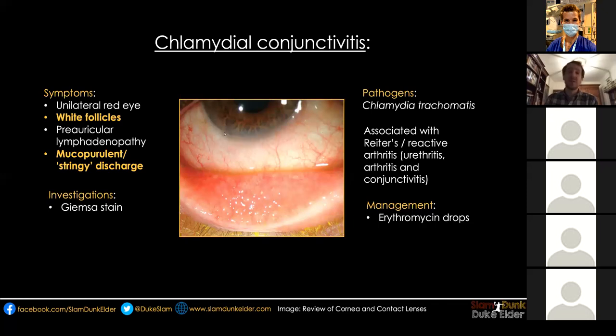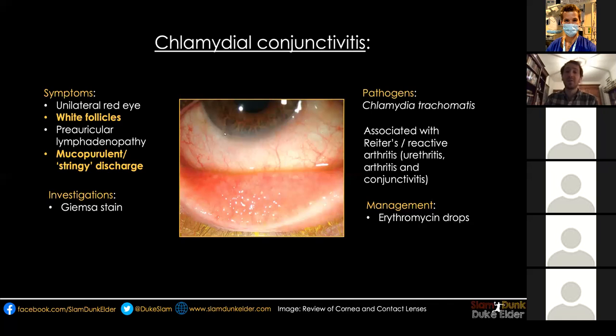So you get these white follicles, a red eye, and a stringy discharge. That's all for adults, but the treatment for children is slightly different, and we manage it with erythromycin drops as opposed to azithromycin or doxycycline in an adult.